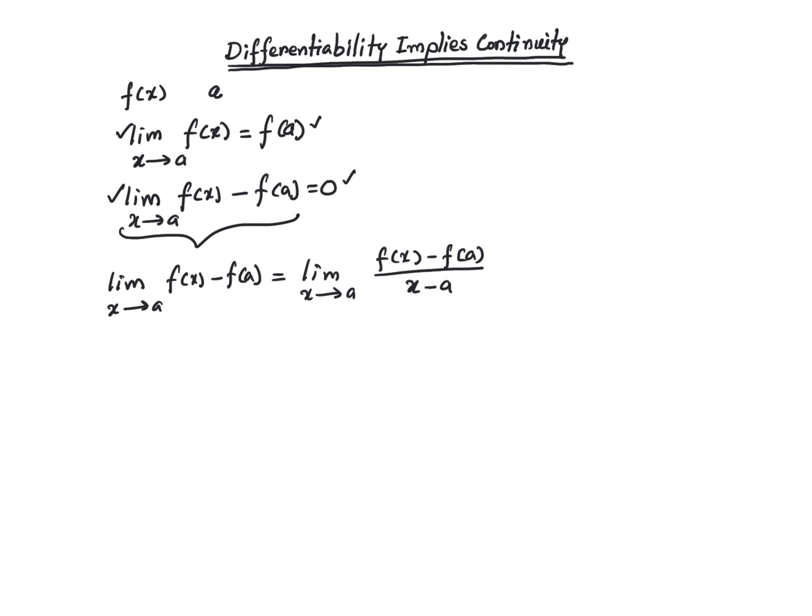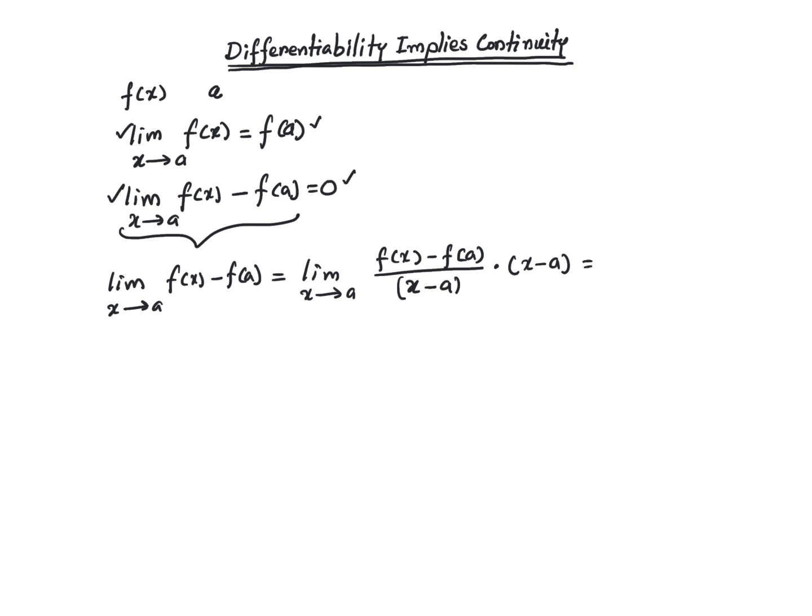Do you see this kind of looks like the derivative? Since I have divided by x minus a, I want to multiply it by x minus a as well. All right, and note that x minus a is non-zero here.